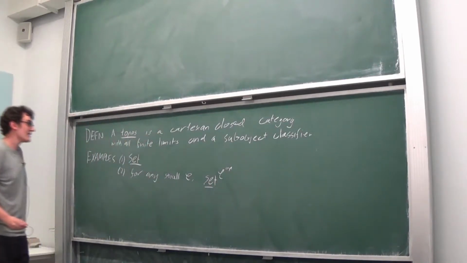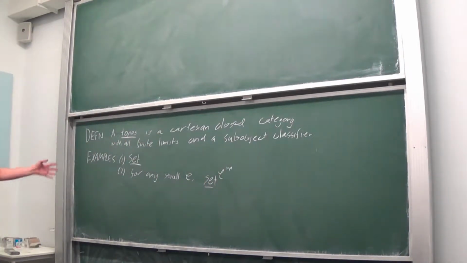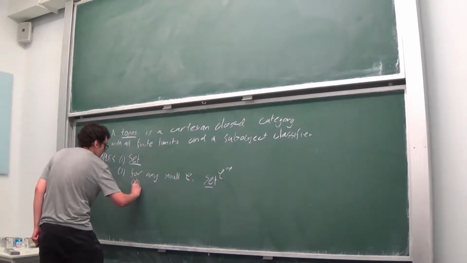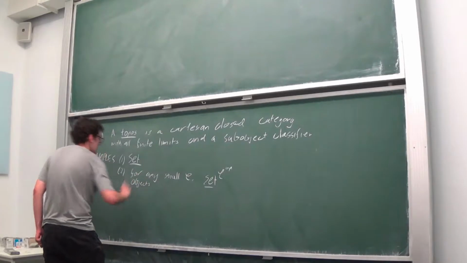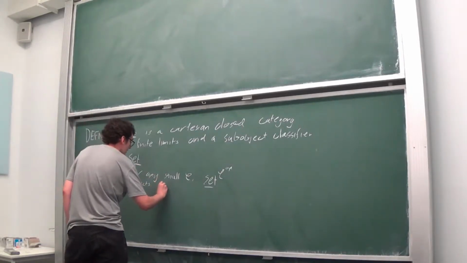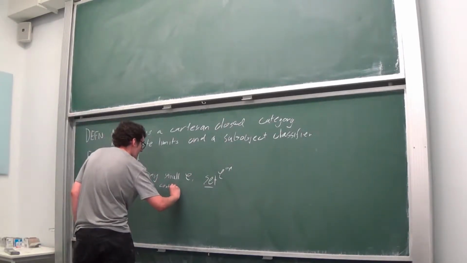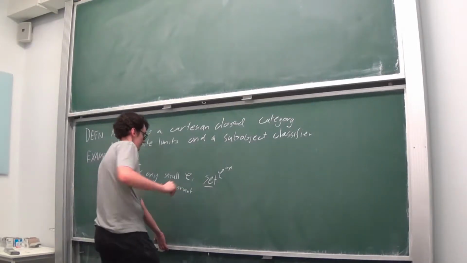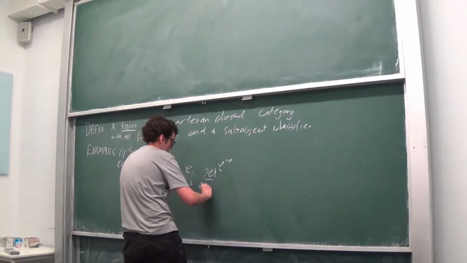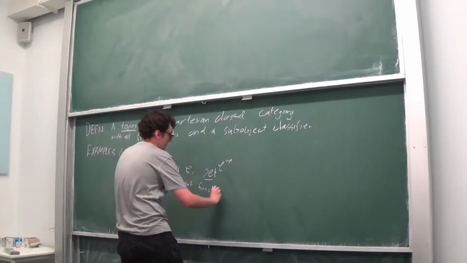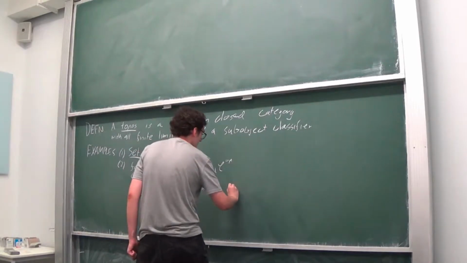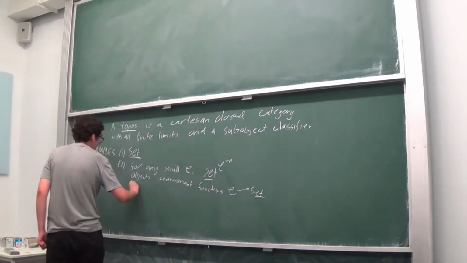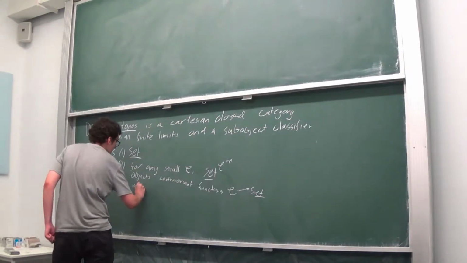And what that notation means is the objects are contravariant functors from C to Set, and the morphisms are natural transformations between those functors.